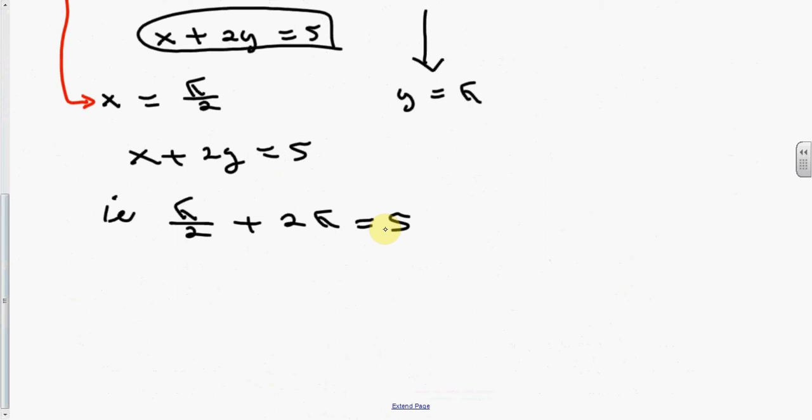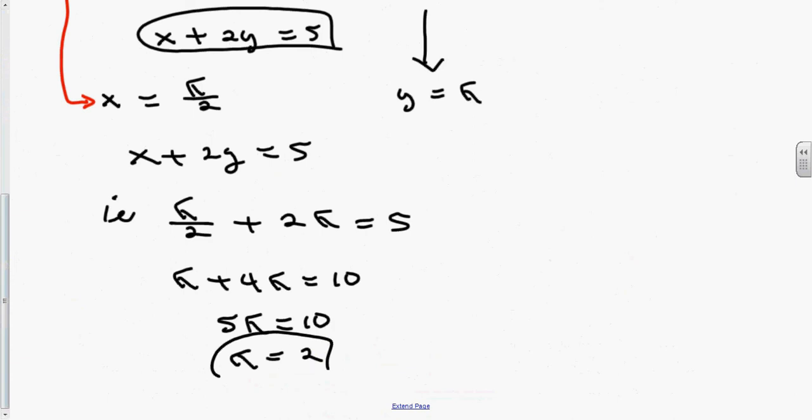So let's multiply everything by 2. So we have lambda plus 4 lambda is equal to 10. 5 lambda is equal to 10. Lambda is equal to 2. If lambda is equal to 2, that means that x is equal to 2 divided by 2.